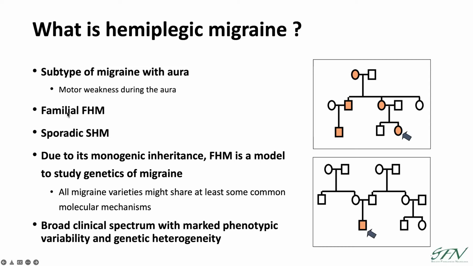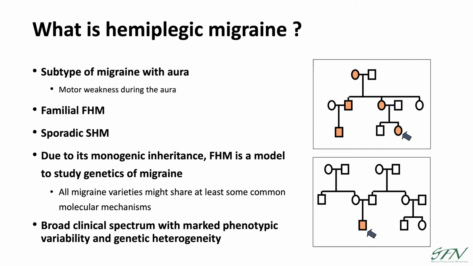In familial hemiplegic migraine, a part of the families are characterized by a monogenic inheritance. And because of that, familial hemiplegic migraine has been a model to study genetics of migraine.